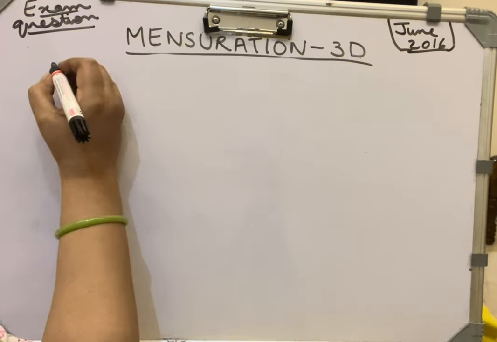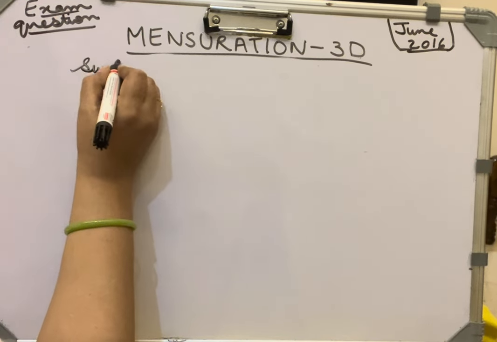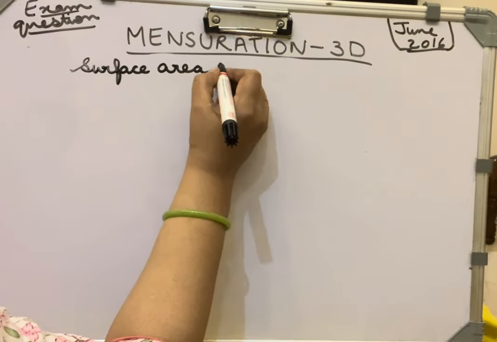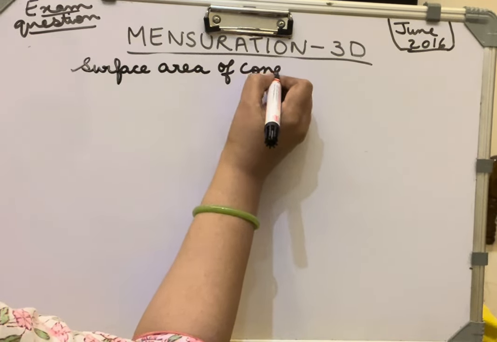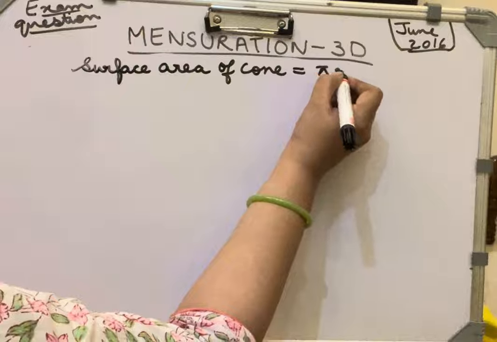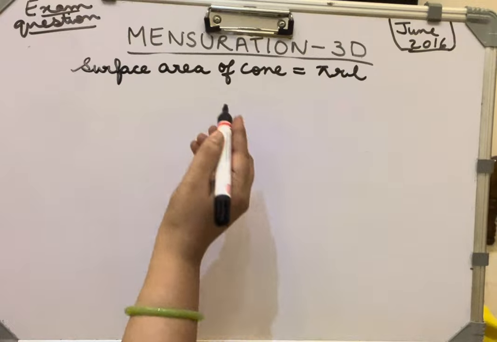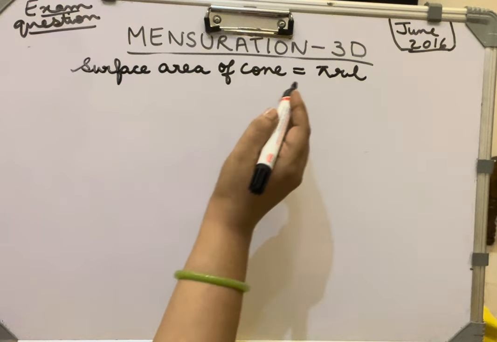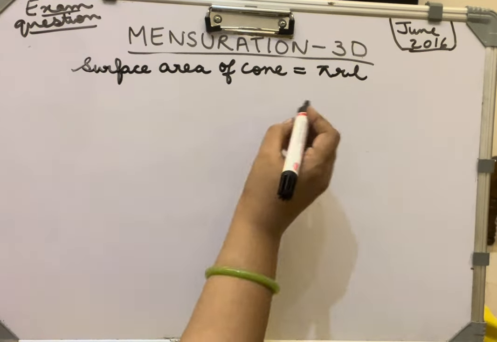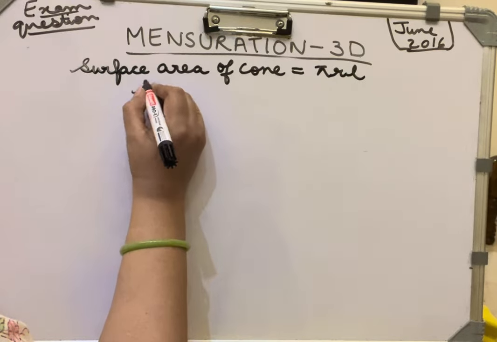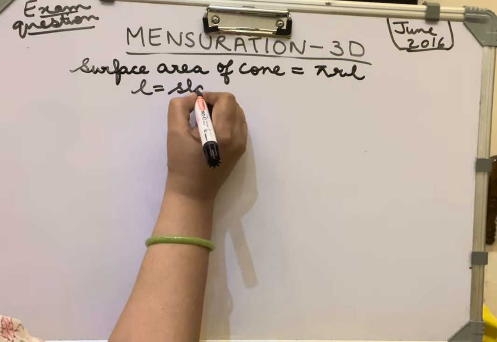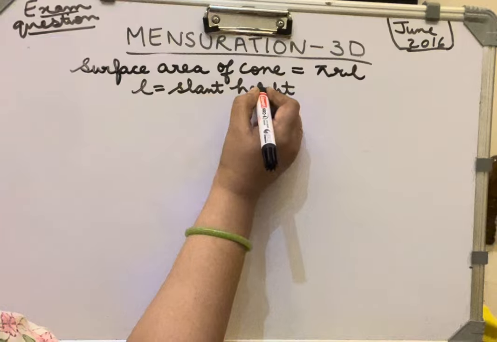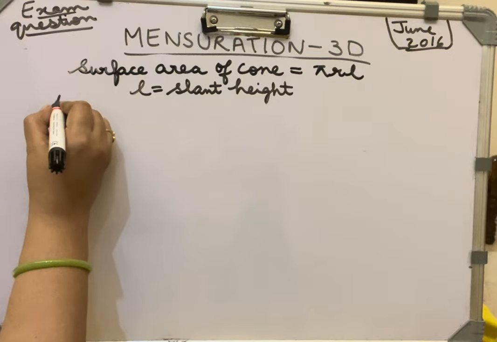So we know that surface area of cone is equal to pi r L, where pi, we know the value is 22 by 7, r is radius of cone, L is slant height of cone. So let me draw the cone here.